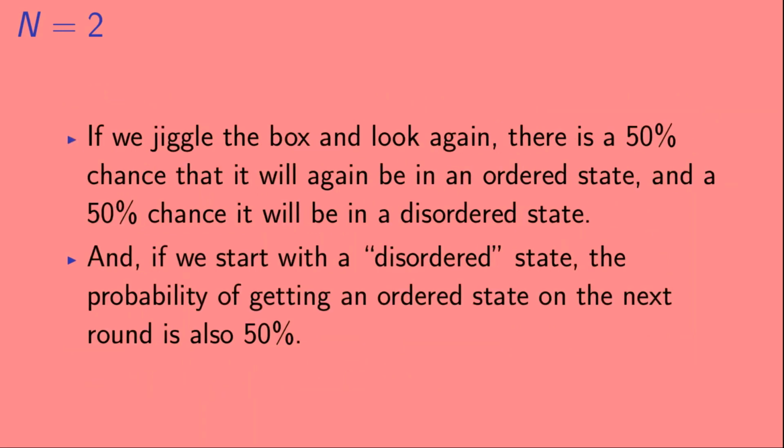If we jiggle the box and look again, there is a 50% chance that it will again be in an ordered state, and a 50% chance it will be in a disordered state. And if we start with a disordered state, the probability of getting an ordered state on the next round is also 50%.